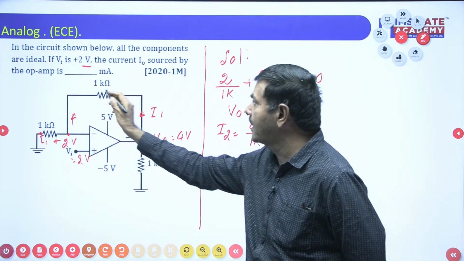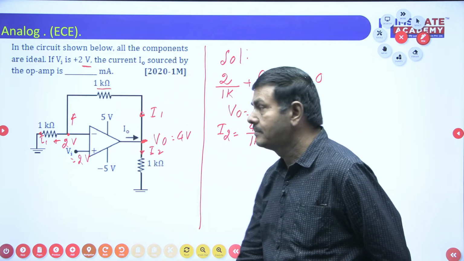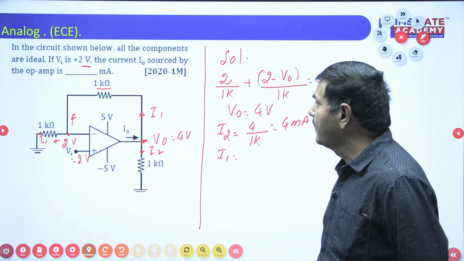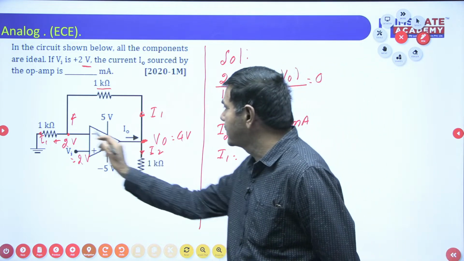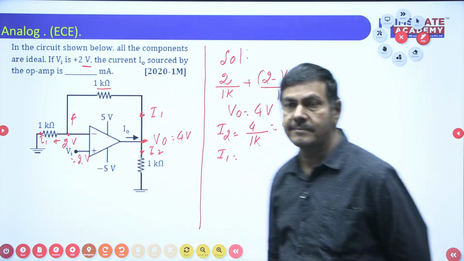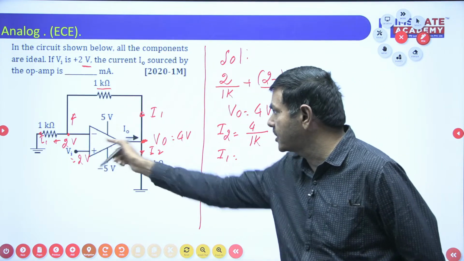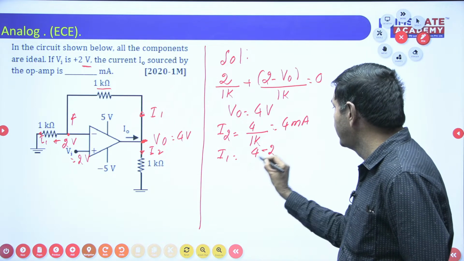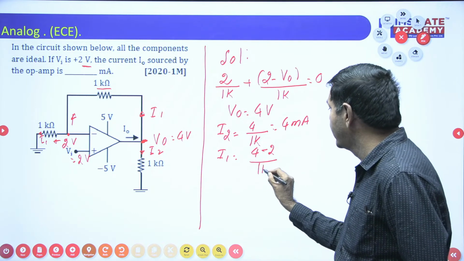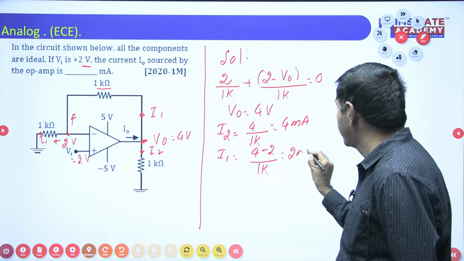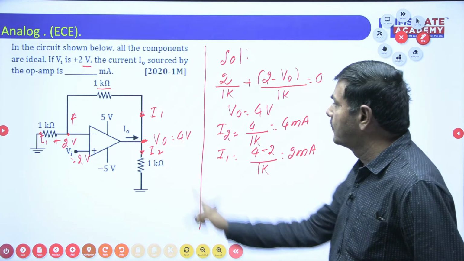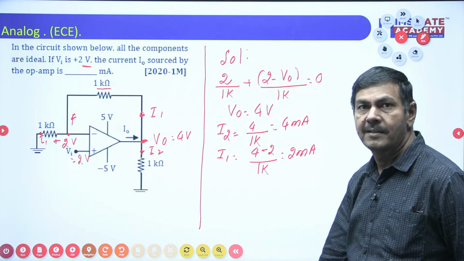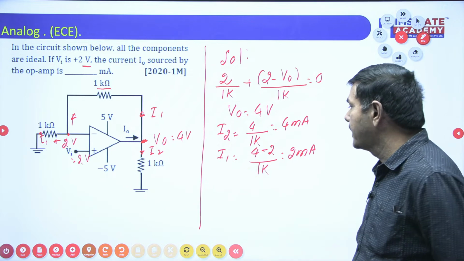I1 is nothing but the current across this 1 kilo ohm. I1 is the difference of voltage divided by the resistor. Difference of voltage is 4 minus 2, divided by 1K. Finally 2 milliamperes of current is passing. 4 minus 2 by 1K becomes 2 milliamperes.